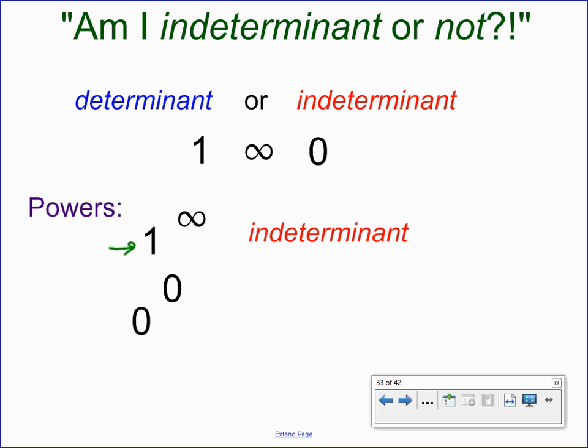0 to the 0, right? 0 to the 0 is an indeterminate form. Why is 0 to the 0 indeterminate? Well, we think that anything raised to the 0 power is equal to 1. And that's true. Any non-zero number raised to the 0 power is equal to 1. But again, we're dealing with a limit, a limit where the base is approaching 0.